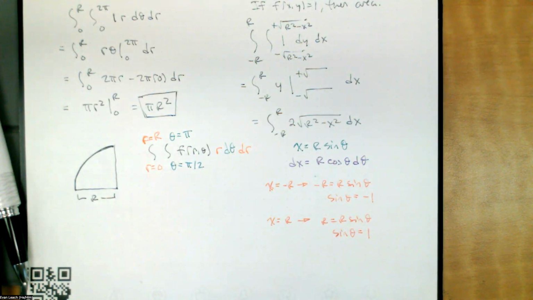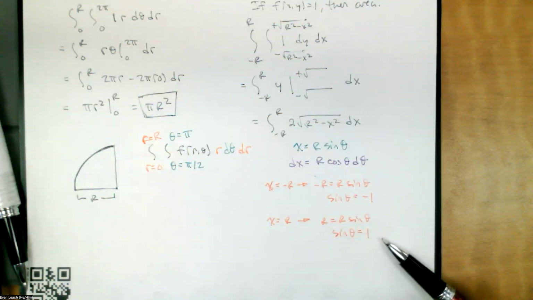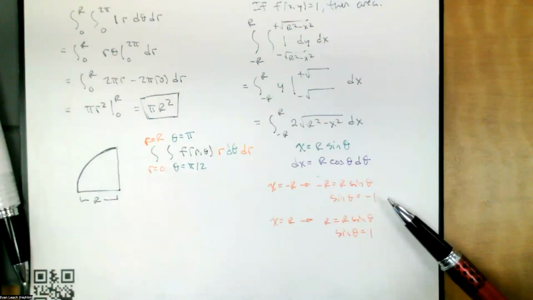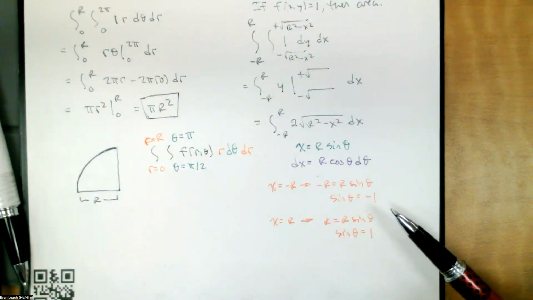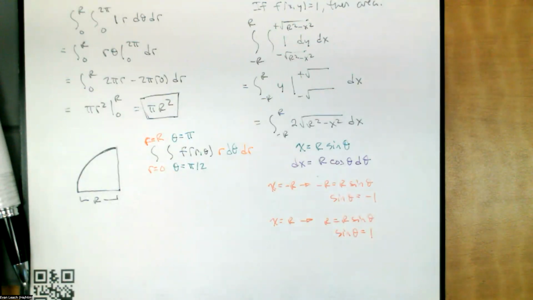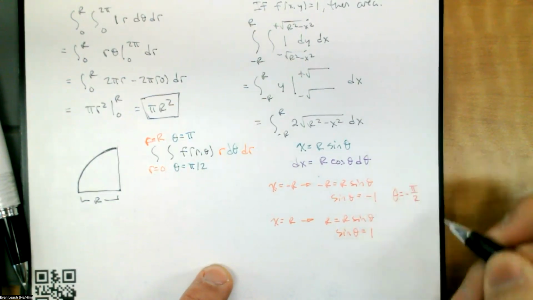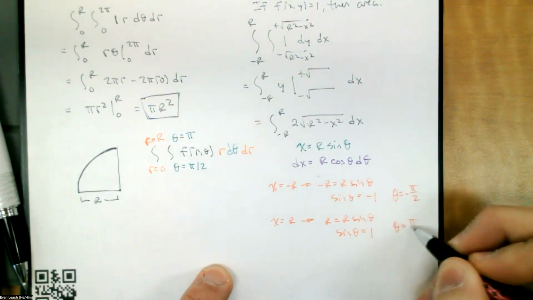Now you may be noting this one is giving us pi over 2, and this one's giving us negative pi over 2. That's only going to be half a circle if we go from negative pi over 2 up to pi over 2. Why is that not going to be a problem here? Because notice that this is going from theta equals negative pi over 2 to theta equals pi over 2.